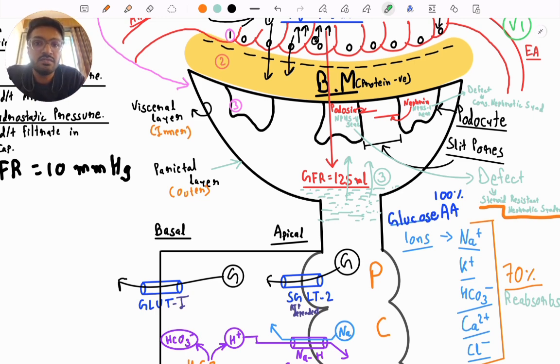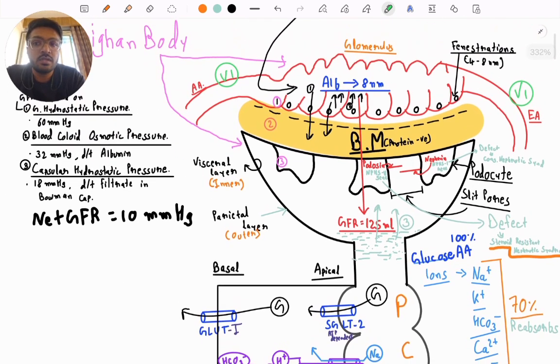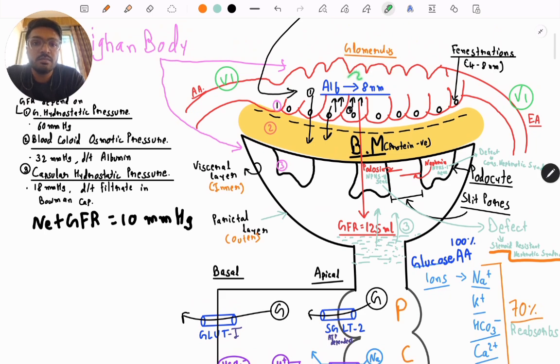So now there are 3 factors which affect the filtration rate. Majorly the capillary hydrostatic pressure or glomerular hydrostatic pressure, which is the pressure by the flow, for which all this fluid is going to come into the Bowman capsule while crossing all the layers.